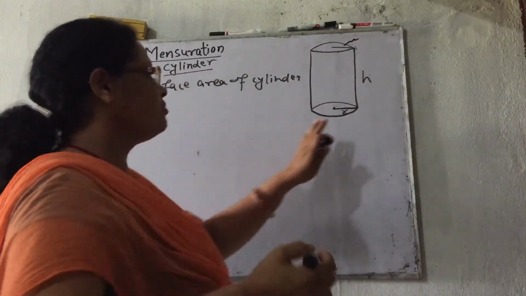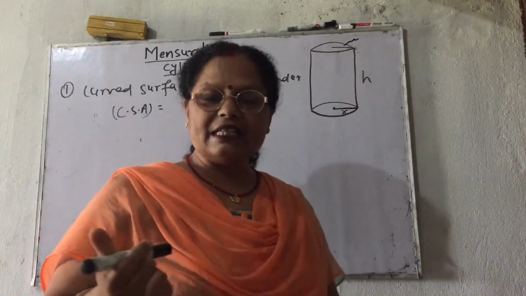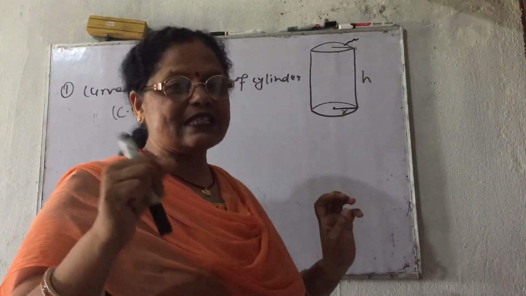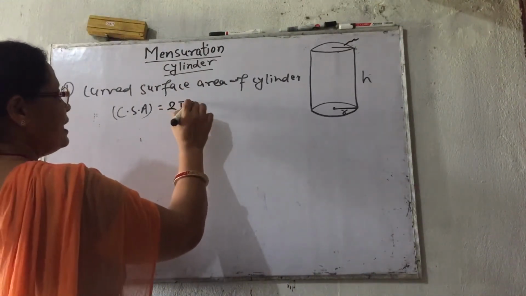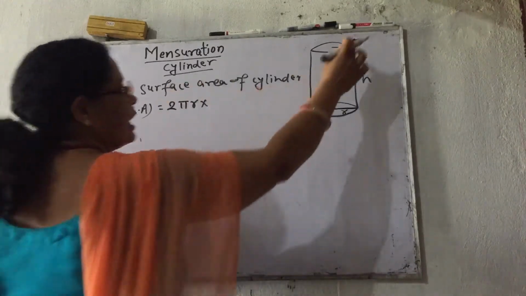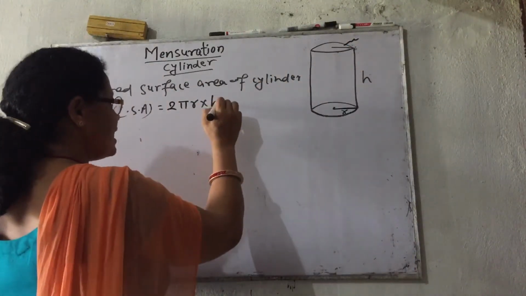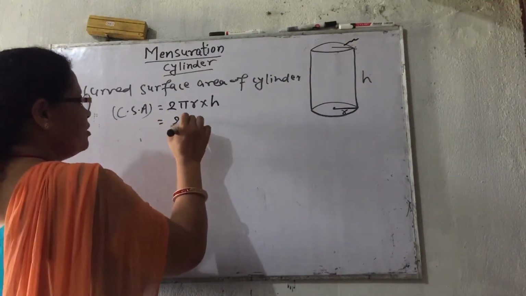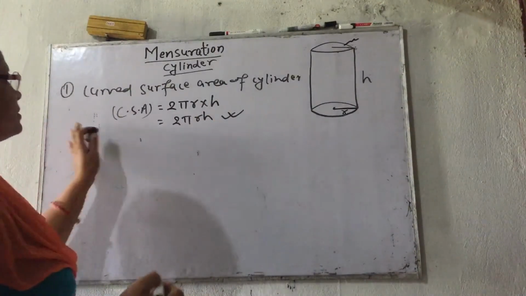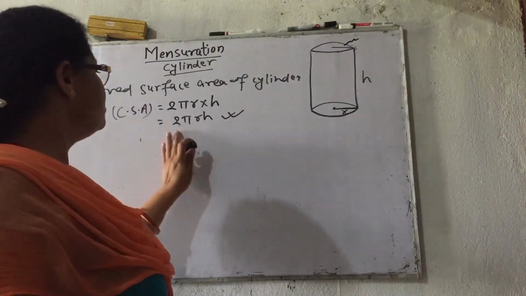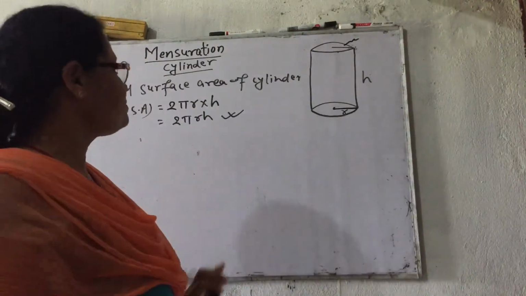What is the perimeter of the base? The perimeter is the circular part, so it will be 2 pi r into height of the cylinder, that means h. Altogether we can write 2 pi r h. So curved surface area of cylinder is 2 pi r h.